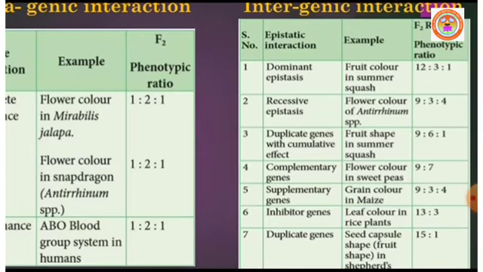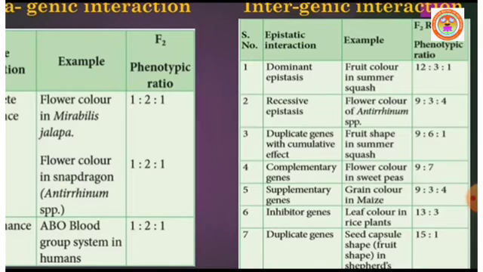You can see fruit color in summer squash; recessive epistasis, flower color of Antirrhinum species; duplicate genes with cumulative effect, fruit shape in summer squash; and next, complementary gene interaction, flower color in sweet peas, Lathyrus odoratus, studied by William Bateson and Reginald Punnett.